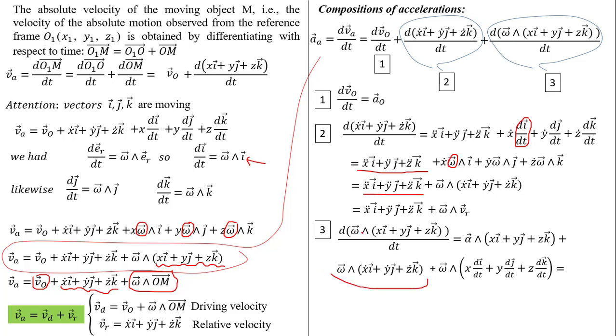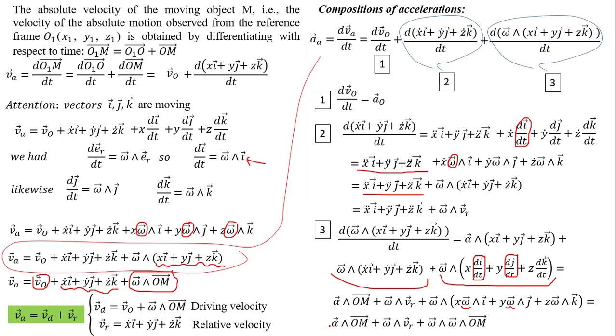The first big term will be omega cross x dot I plus y dot j plus z dot k, plus, this is the second big term, omega cross x di over dt plus y dj over dt plus z dk over dt. And again, di over dt can be written as omega cross I, and dj over dt as omega cross j, and dk over dt as omega cross k. Then we can again take omega as a common factor.